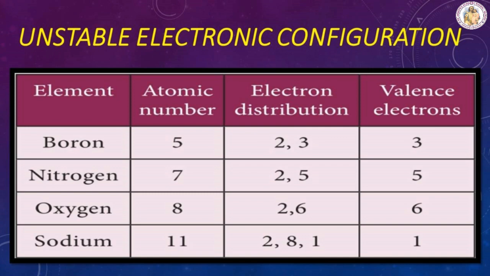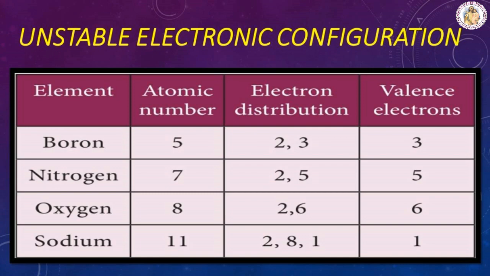Next element is nitrogen, its atomic number 7, electron distribution is 2, 5. So it needs 3 electrons to become a stable electronic configuration.